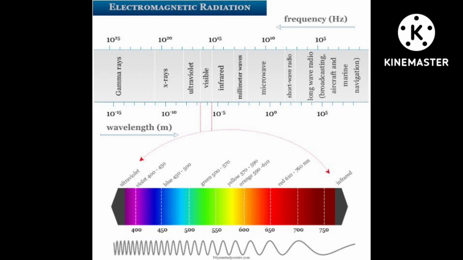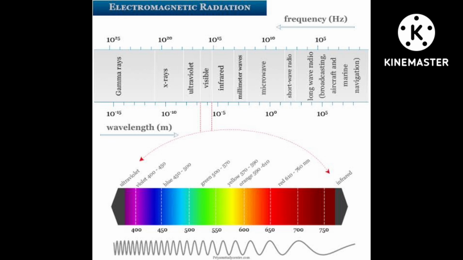Now frequency you can calculate very easily. Frequency is C upon lambda. Put the value of C, 3 into 10 to the power 8 meter per second, divided by lambda. Lambda you already know, 5800 into 10 to the power minus 10 meter. Again meter will cancel, only per second will remain.